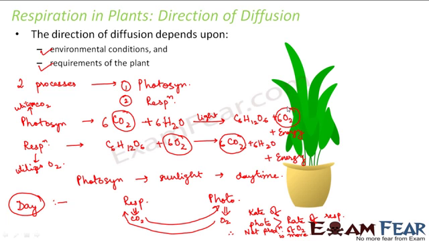So overall, if you look at the two processes during daytime, carbon dioxide will be taken in and oxygen will be given out. This is what happens during the daytime. So plants will take in carbon dioxide and plants will give out oxygen.